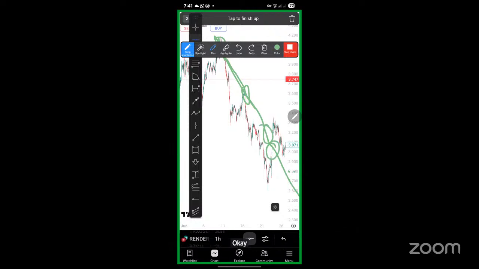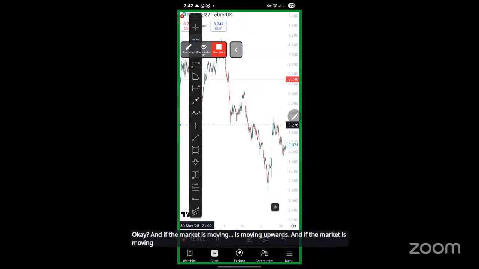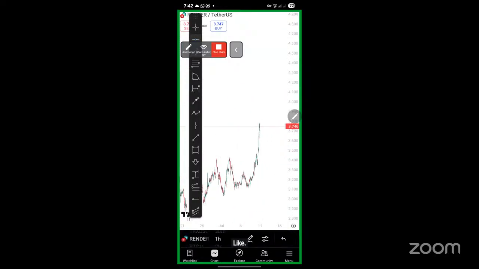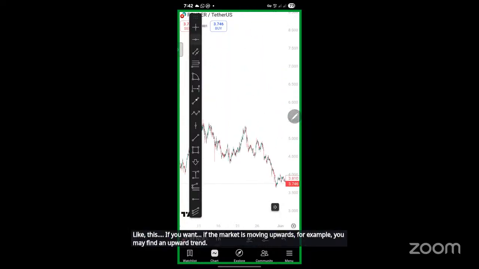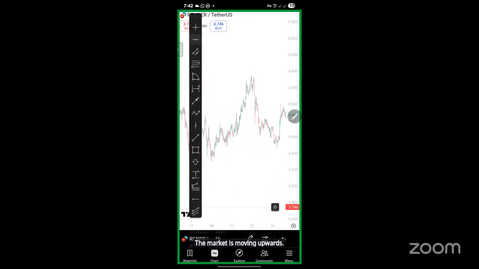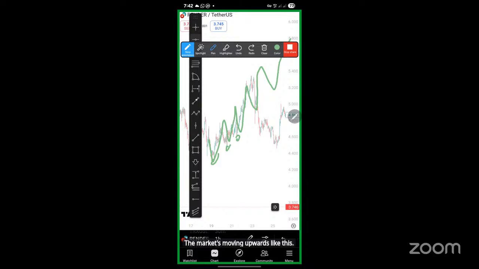Okay. And if the market is moving upwards like this, we shall just connect these ones.